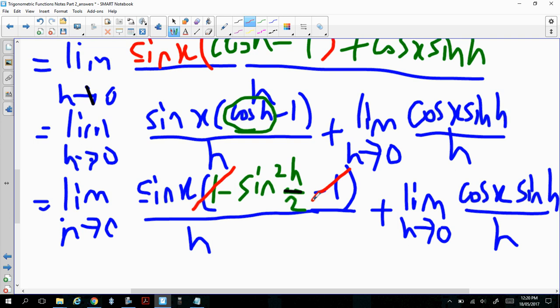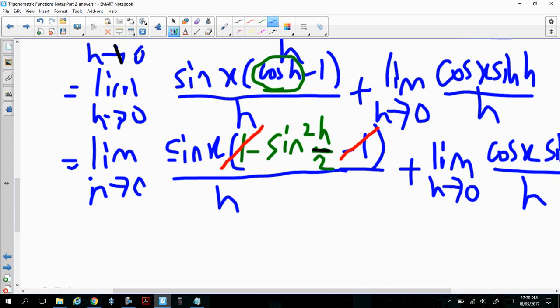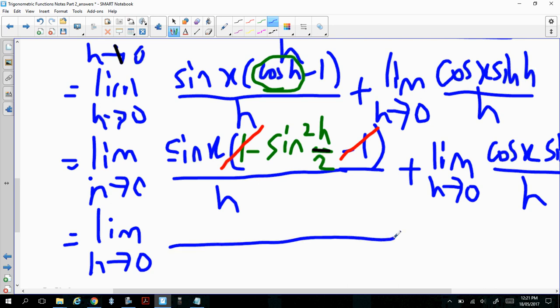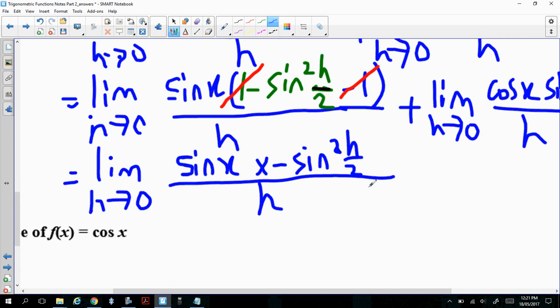But anyway, we've got the limit as h approaches 0 of sine x still multiplied by negative 2 sine squared of h over 2, over h, plus the limit.